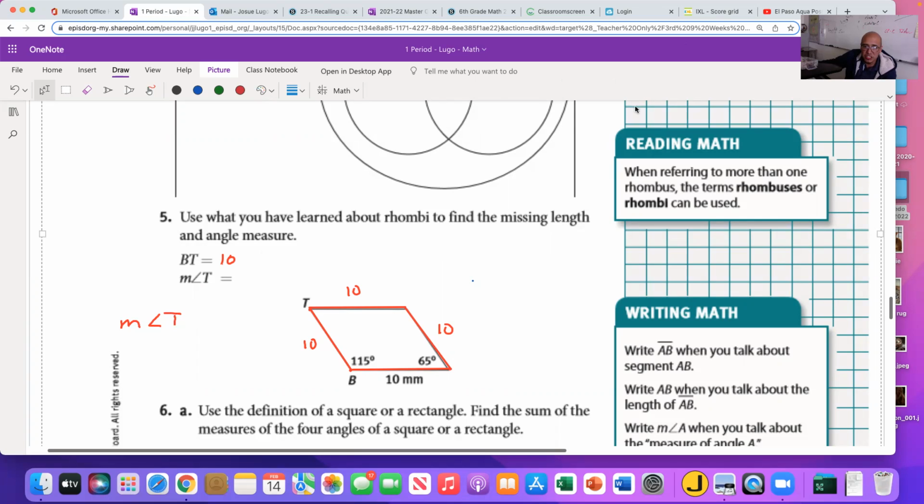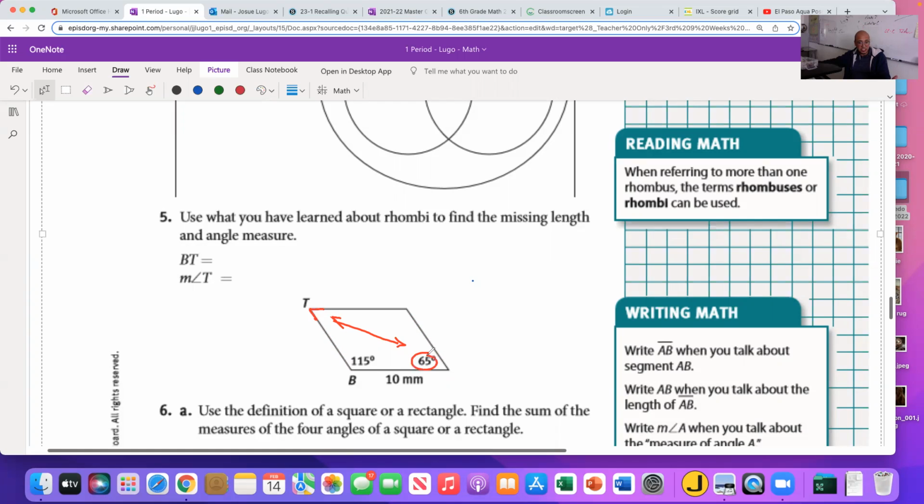In other words, we're not just looking at point T, but we're looking at the actual angle that you find at T. Well, how can we know this measure? Well, let's remember this is a rhombus, and a rhombus is a parallelogram, and we know that in parallelograms, opposite angles are exactly the same value.